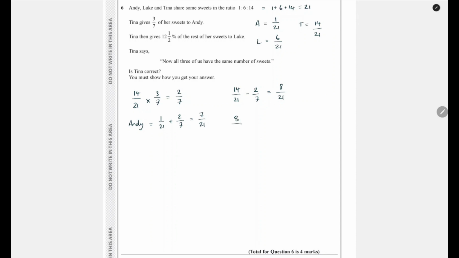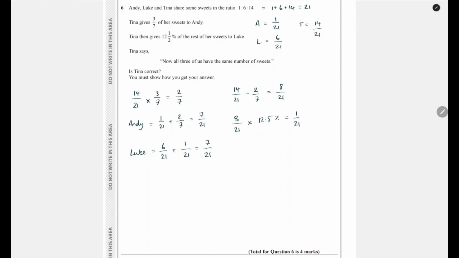So 8/21 multiplied by 12.5%, and that gives 1/21. So she gives Luke 1/21 of the sweets. So Luke now has his original 6/21 sweets plus the 1/21 sweets he's just received, and so he now has 7/21 sweets.